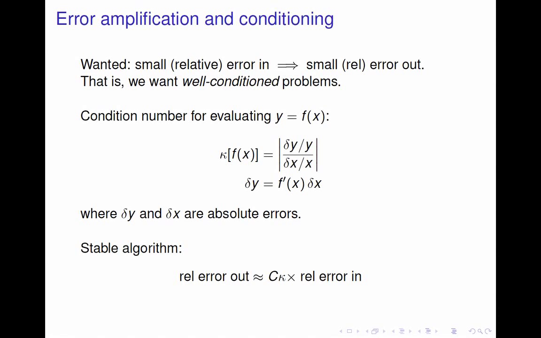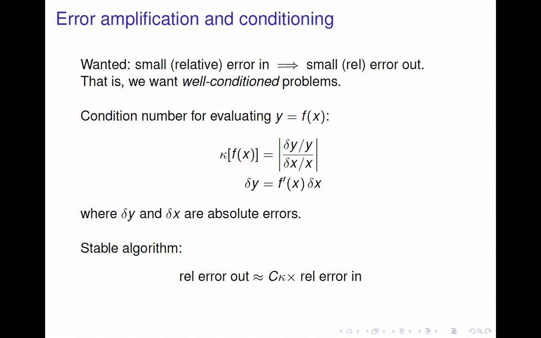So the condition number for evaluating a function, for saying y equals some function of x, is going to be the change in the output relative to the size of y over a corresponding change in the input relative to the size of x. An upper bound on that quantity.